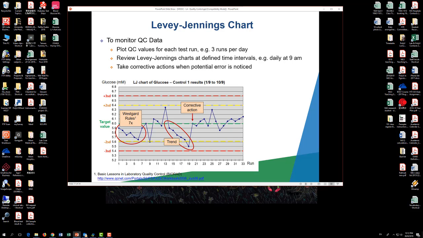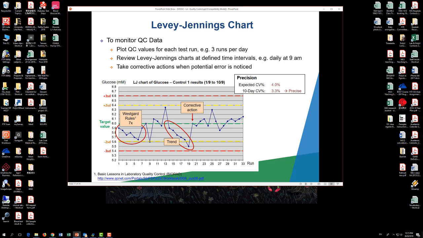In the laboratory, we will also set Westgard rules to monitor the QC values. When a QC pattern matches a rule, the analyzer will notify the medical technologist to closely monitor the performance of the assay. The QC data will also be calculated to check the precision of the assay.